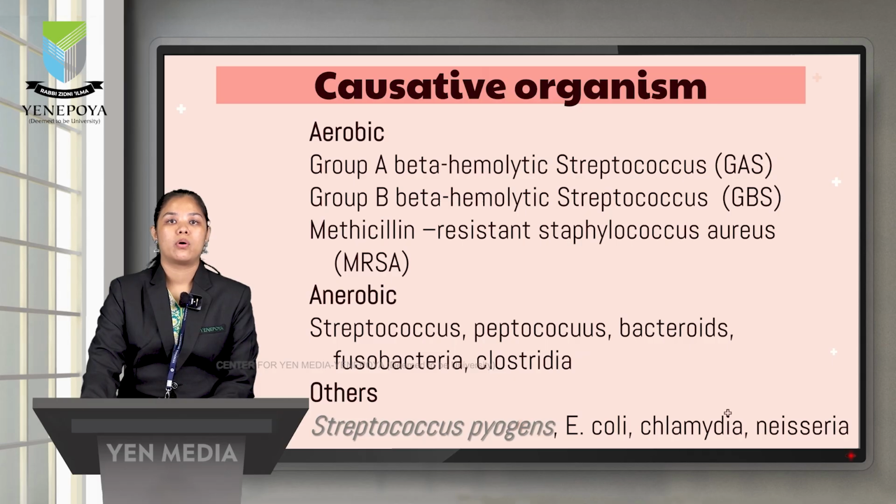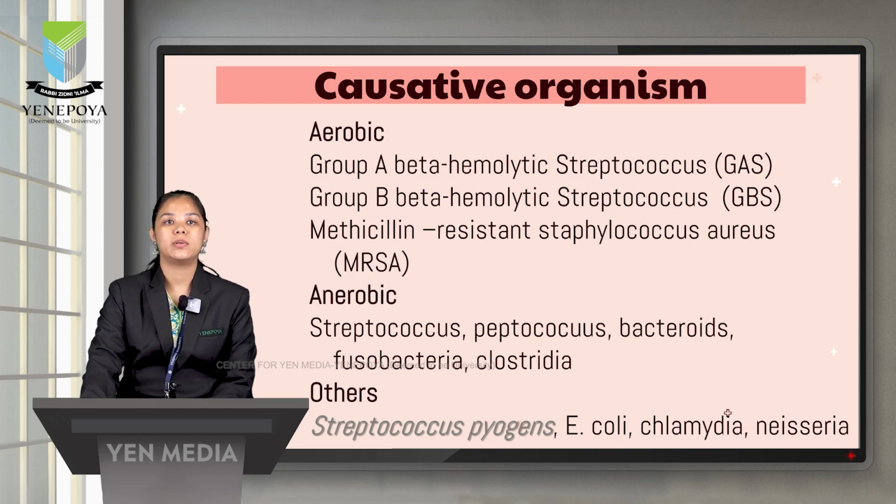So what are the causative organisms which cause puerperal sepsis? These could also be categorized as aerobic, anaerobic and others. In the aerobic group come Group A beta hemolytic streptococcus (GAS), Group B hemolytic streptococcus (GBS), and methicillin resistant Staphylococcus aureus (MRSA).